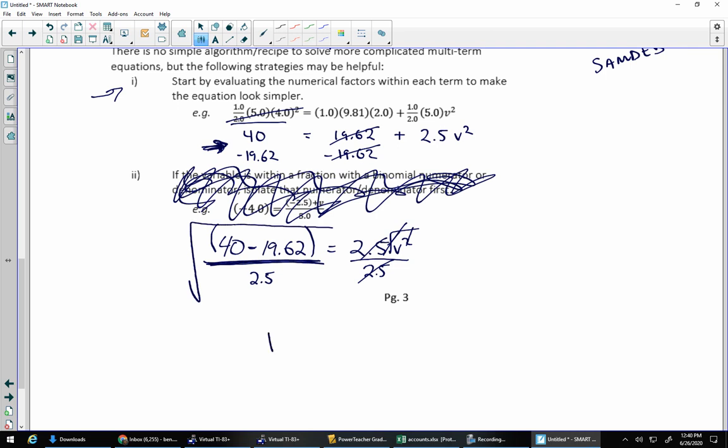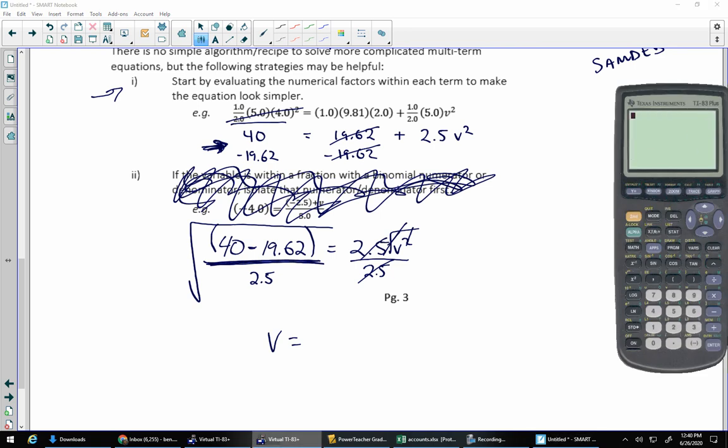Cool, so let's plug this into our calculators. So I've got 40 minus 19.62. Excellent, so that's 20.38. I'm going to divide that by 2.5. Cool, and then I'm going to take the square root. So doing this, I push second function squared, which is right above your log button or just up from your 7.